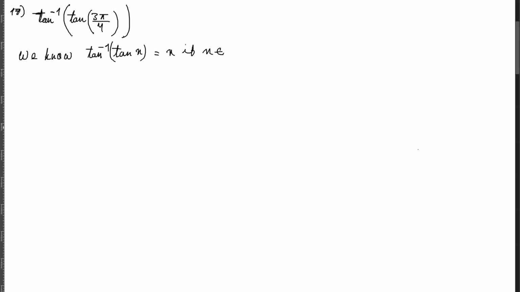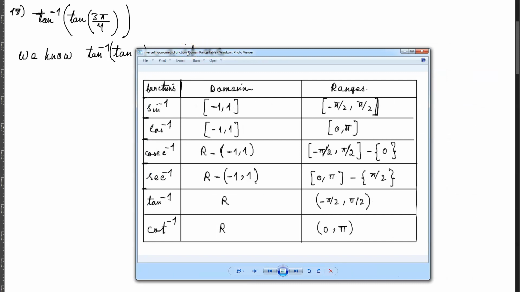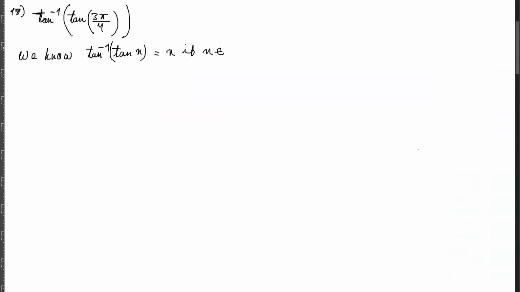So if I go to the tan inverse function, negative pi by 2 to pi by 2, right? So negative pi by 2 to pi by 2. And so now 3 pi by 4 is some angle which is 3 times 45 degrees, which is outside of this range.